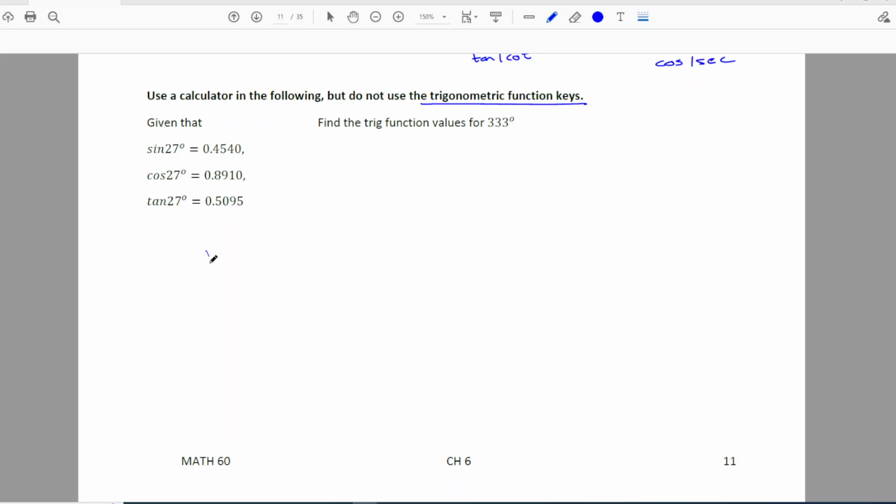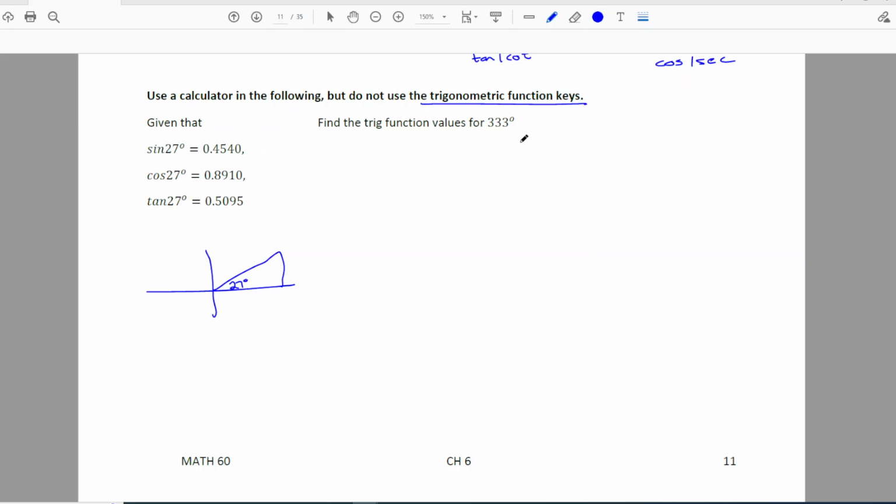So what we're saying is that in quadrant 1, this angle of 27 degrees has a ratio of opposite to hypotenuse of 0.4540, adjacent to hypotenuse of 0.8910, and opposite to adjacent of 0.5095. And you're not supposed to know what the opposite, the adjacent, and the hypotenuse is. You just know what the ratios come out as.